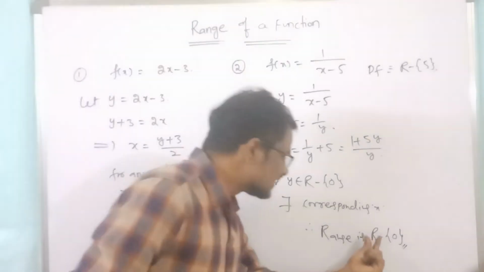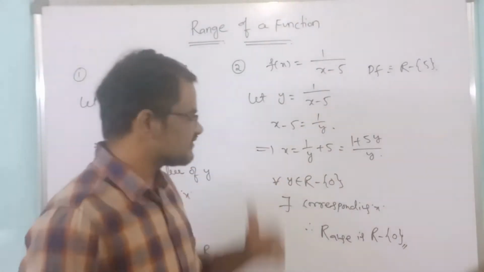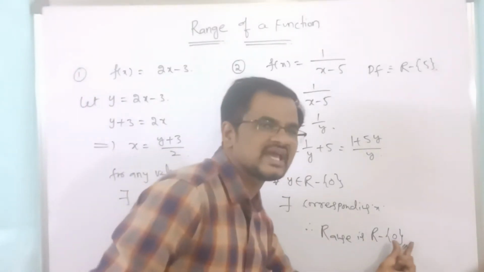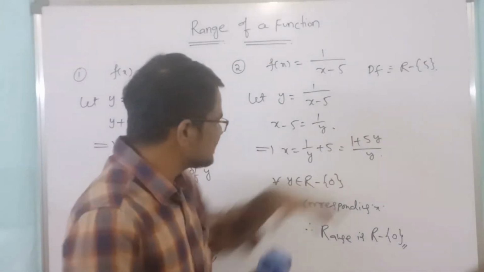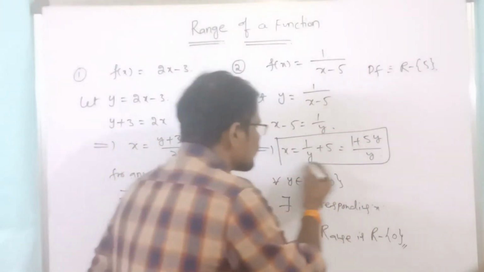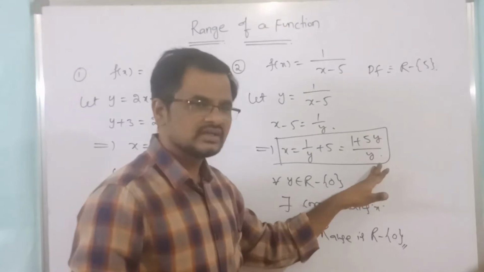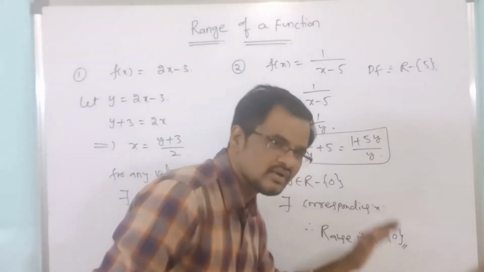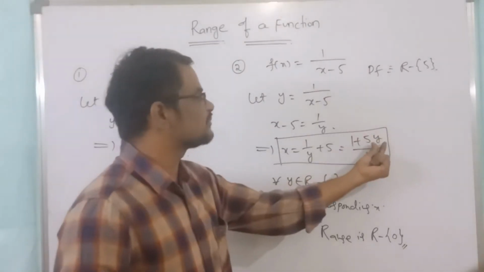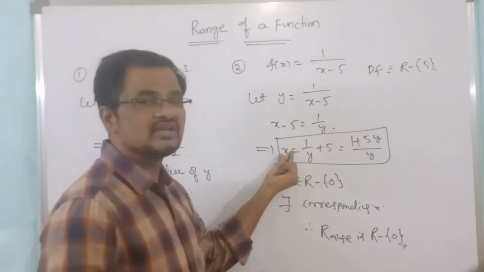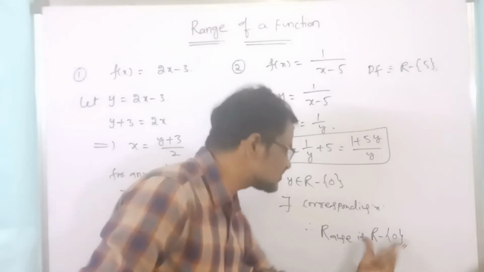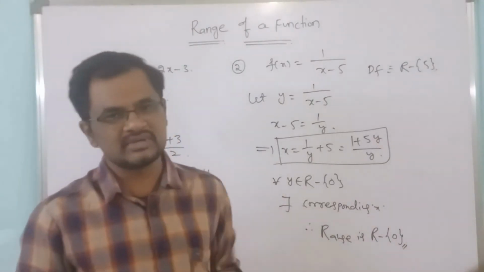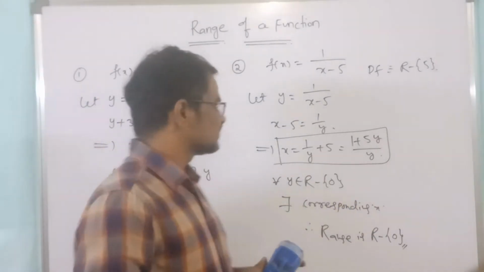So that's why the range of this given function is all the real numbers except 0. Means only 0 does not exist. In place of y we can't take 0. Other than 0, for any value taken in place of y, the x value exists. So that's why the range of this function is all the real numbers except 0, right?